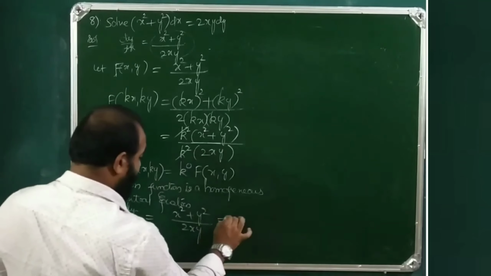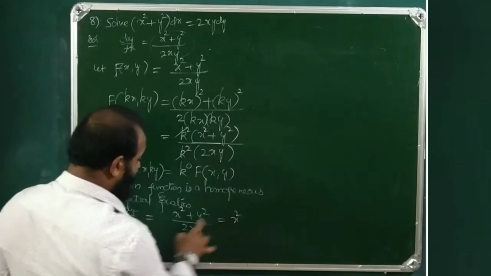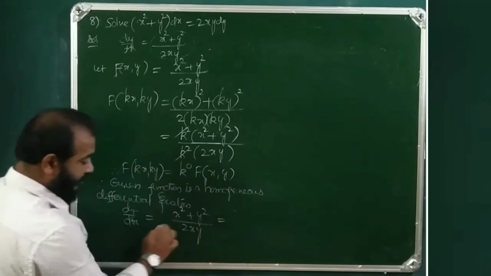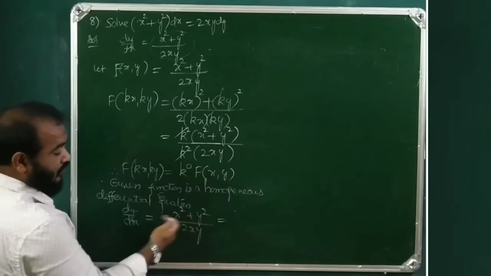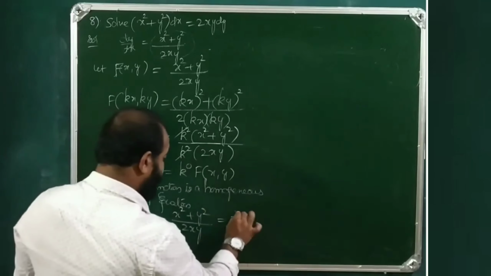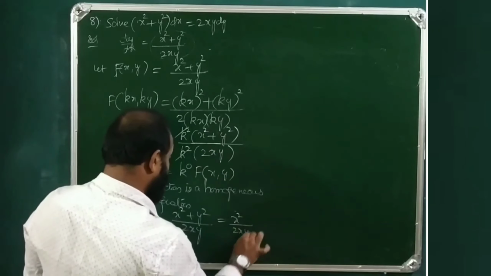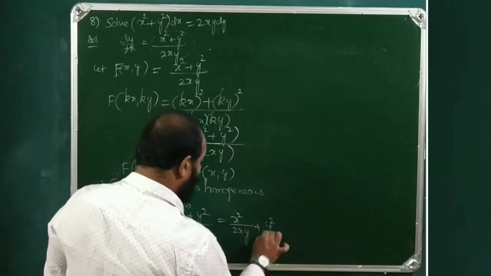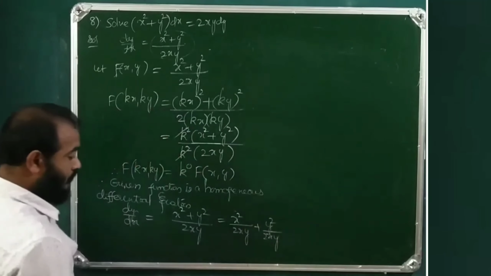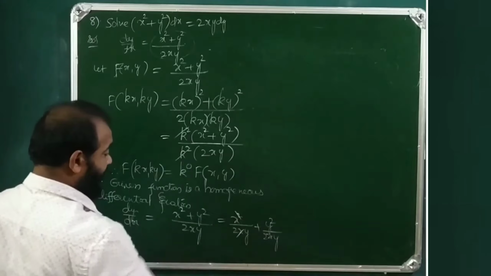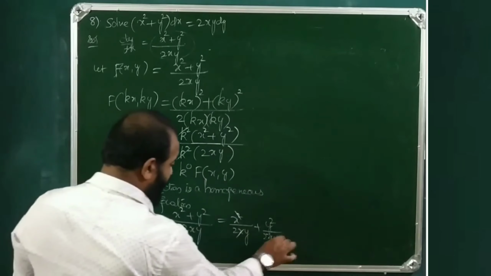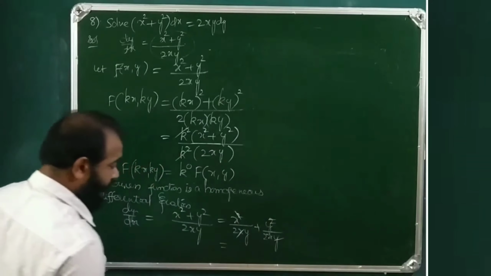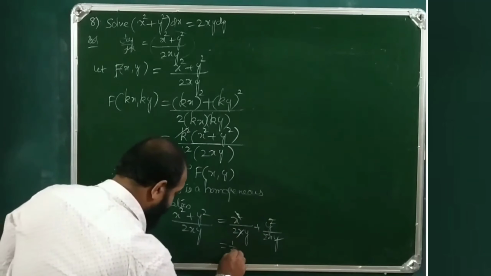I'll take x square common here, or you simply divide 2xy for both of them. So x square by 2xy plus y square by 2xy. Then this x and this x get cancelled, and this y and this y get cancelled. So we are left with 1 by 2.